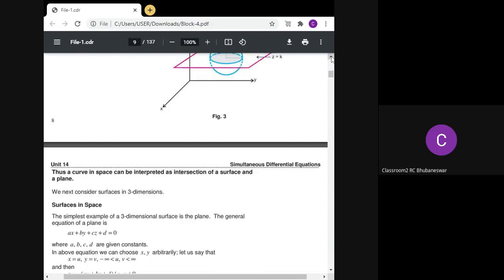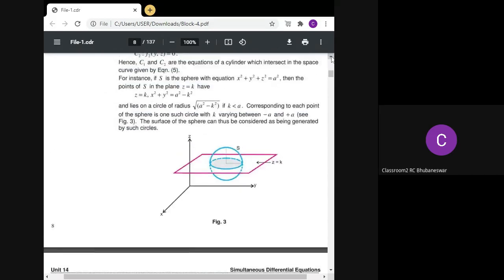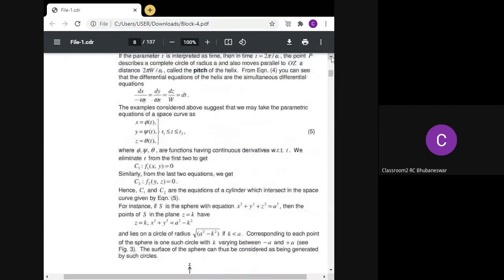So here we assign these functions: x equals phi of t, y equals psi of t, and z equals theta of t. In this way, we have to represent all the variables present in the function in the form of a single parameter t, to represent the equation of a curve or surface in space. Now let us move to the general definition.